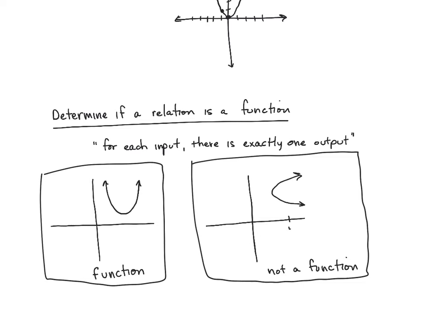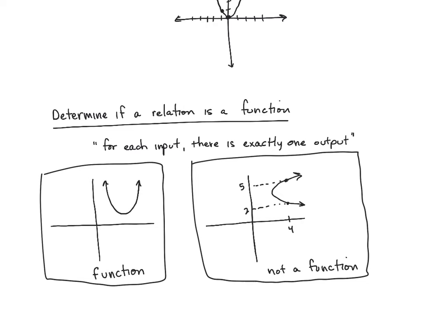Let's say, for example, that this is an input of 4. Well, if I plug in 4, I get two different values of y, or two different output values that have that same input. So maybe 2, and maybe this is a 5 up here. So for one single input, 4, I get two outputs, (4, 2) and (4, 5). So it's not a function.